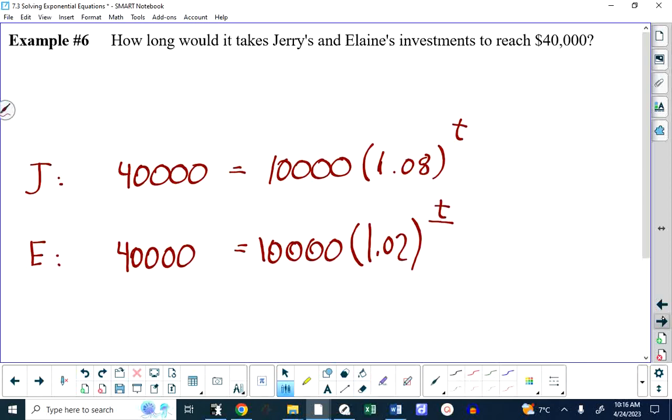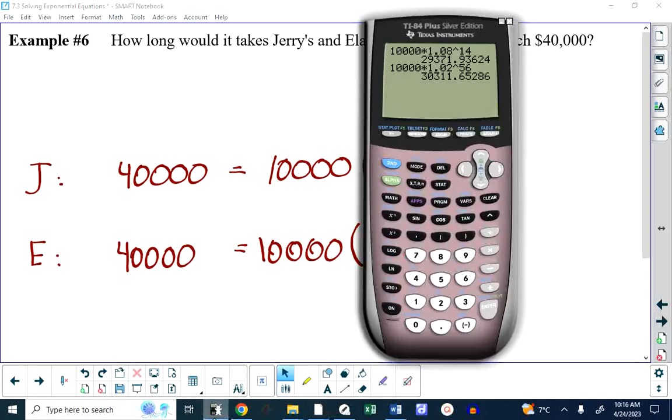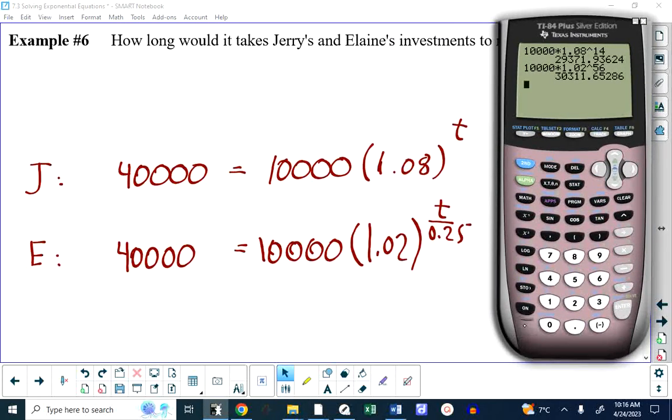And I hope it's clear you do not know how to algebraically solve for T. We're doing a graphical approach. So we're going to graph Jerry's growth function, and we're also going to graph 40,000, which will be a horizontal line up at 40,000, obviously.